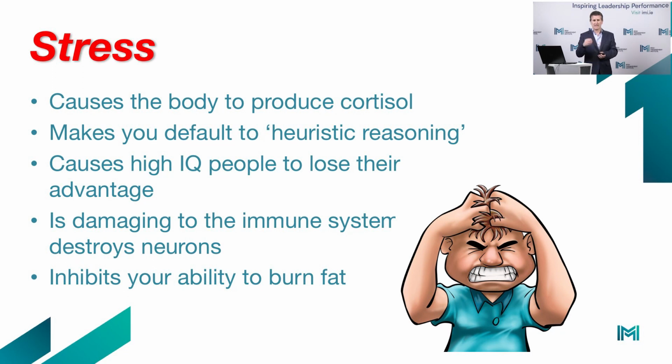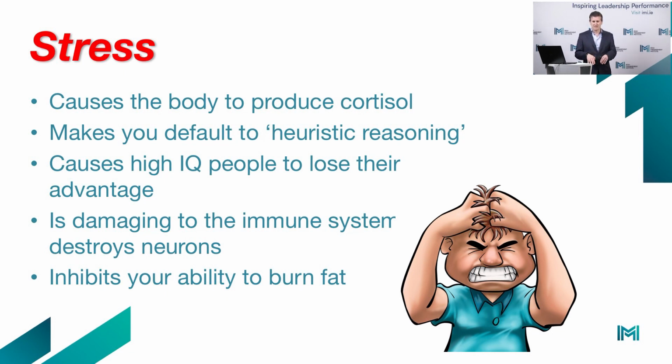It also reduces your ability to burn fat. Cortisol in your system reduces your ability to burn fat. Effectively, your system is going, we're in lockdown. We don't know what's going to happen here. The system is under threat. So whatever calories you have in your body, save them, because we don't know what's going to happen and we might need them. So if you're stressed, even though you keep putting fuel into your body and you're going for a run, you're doing all this stuff, you're not losing weight.